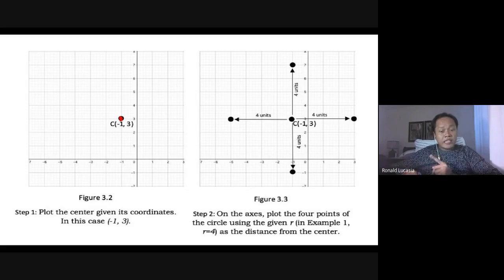Again, the GeoGebra is only a tool that will check whether you get the correct circle or not. It's not really what you will do first; graphing manually comes before you do it in the GeoGebra. Because at the end of this one, you will be asked to graph the following equations of circle.